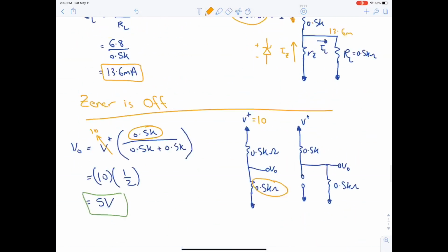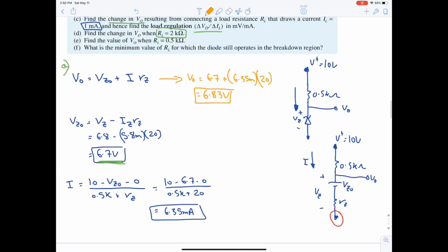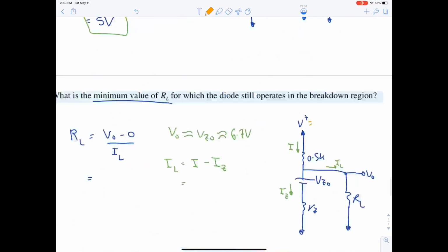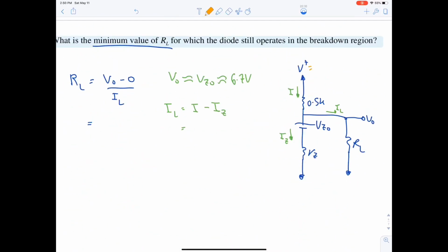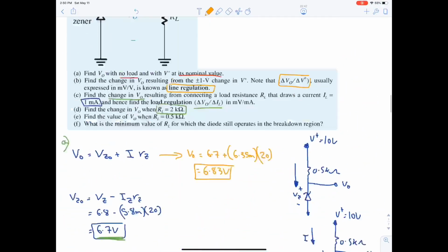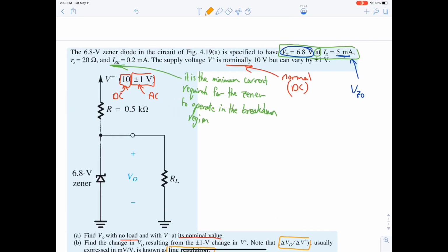In part A, V plus was 10 and V naught was 6.8 or 6.83. Whereas now we are finding the minimum, so the minimum voltage is 9 volt. How come? I will explain. If you remember, V plus was 10 plus minus 1, if you want to plot the waveform of this.